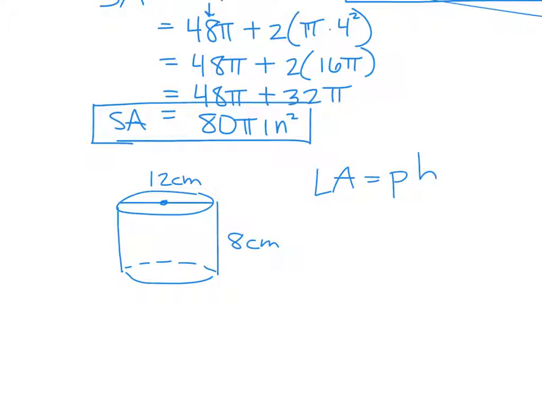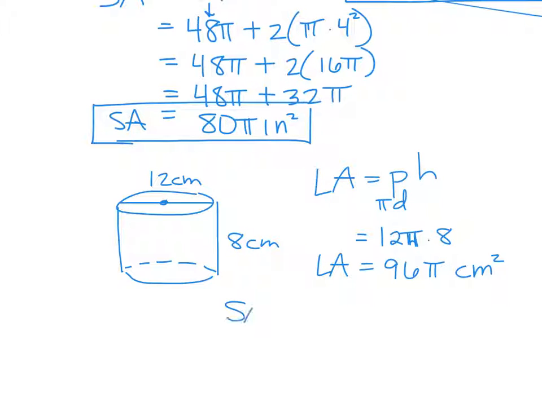What is the perimeter of your base right now? 12 pi, right? Got to keep the pi with it. So it's pi d, which would be 12 pi. What is h? 8 centimeters. So 12 pi times 8, if you plug that in, 12 times 8 is 96 pi square centimeters. So that would be your lateral area.